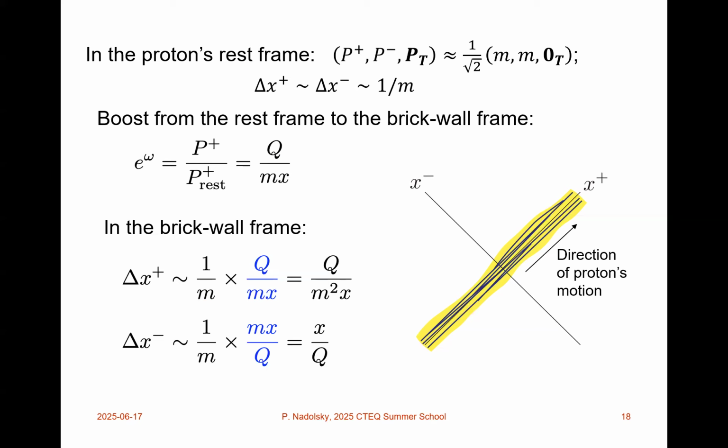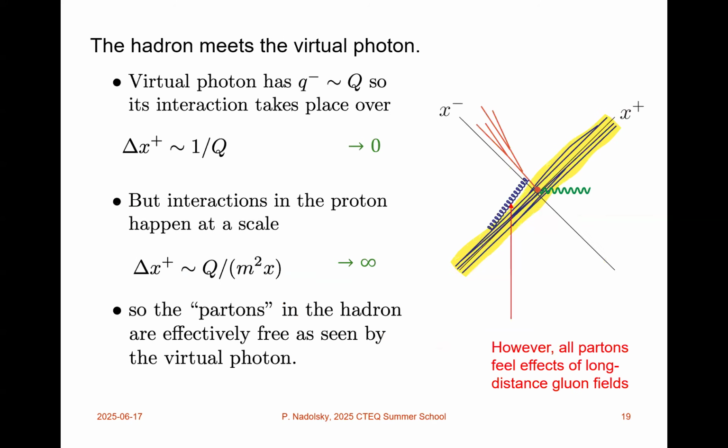So delta X minus is small, the size of the shock wave is small. Delta X plus, the size of the afterglow, is large. All right. But the virtual photon, we will look at just in the collision frame. Well, the size of the virtual photon is simply determined by its virtuality, capital Q. So the size for the virtual photon is simply delta X plus, which is of order 1 over Q, right?